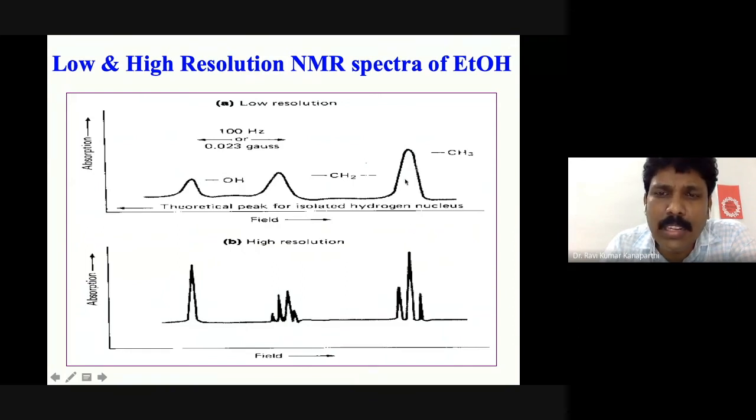Here you don't get anything, just a broad peak. And if you measure the full width at half maximum of this one, it is huge, whereas this one is very small. That means in a small area you can accommodate so many peaks, which basically tells you the resolution of the NMR spectrum is very good.